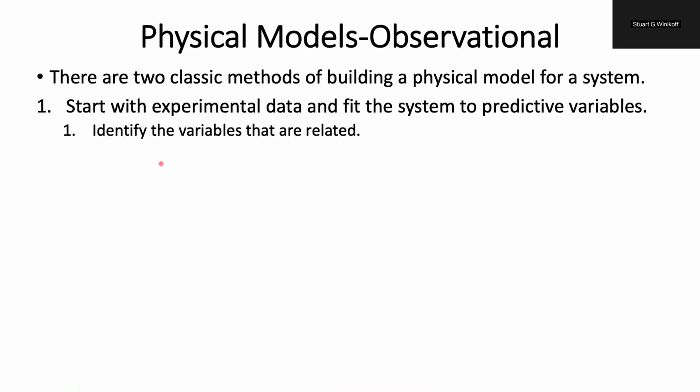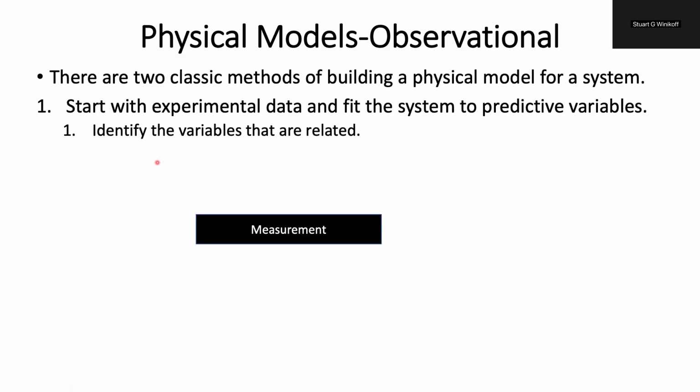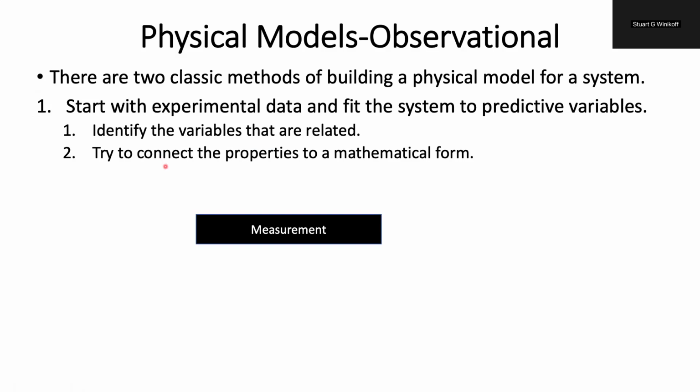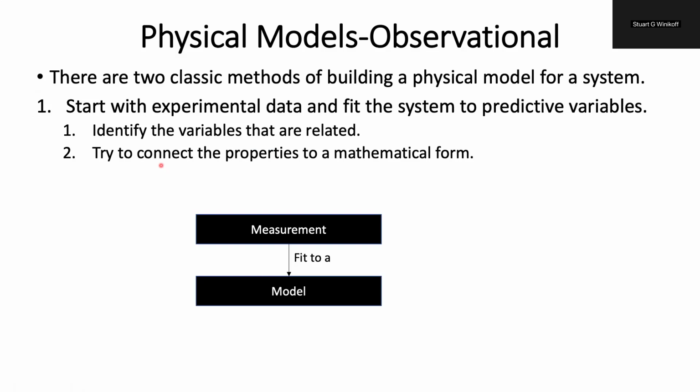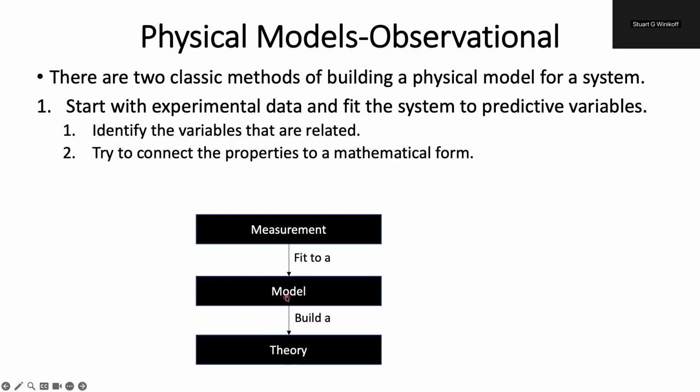So you first need to identify what are the variables that are related to the property you care about. And you're going to go ahead and measure those and often measure some response variables as well. Then you're going to try and connect all of the properties in a mathematical form. So we're going to try and build some sort of equation or model to describe the system.